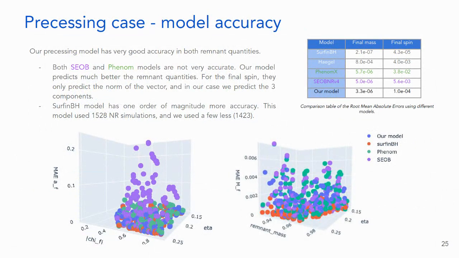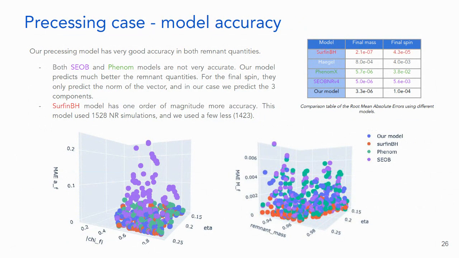Comparing our results with the approximations used by Phenom X and SEOB, we gain 1 and 2 orders of magnitude, for example, for the final spin. An important point is that we are predicting the 3 components of the final spin, while these approximations just approximate the norm of the final spin, so we are also gaining in information.